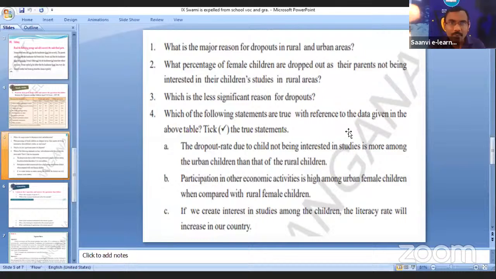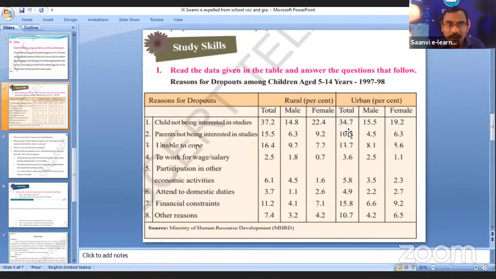So next question: what percentage of female children dropped out as their parents were not interested in their children's studies in rural areas? Okay, see here.